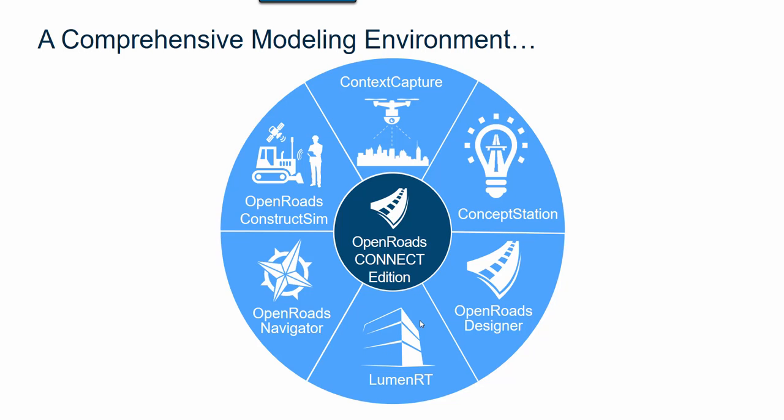A modeling environment needs to, number one, take care of the creation and transition of necessary data throughout my project lifecycle. It also needs to allow me to have design data from different disciplines interact with one another.